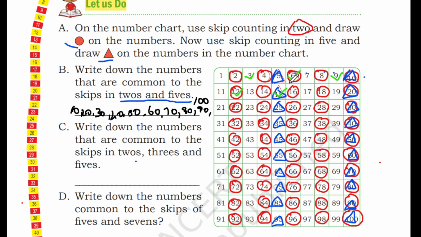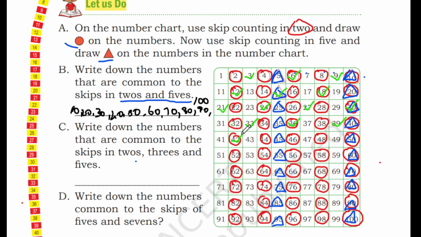So 15. We have 18. Next is 21, 24, 27, 30. And we have 33, 36, 39, 42.